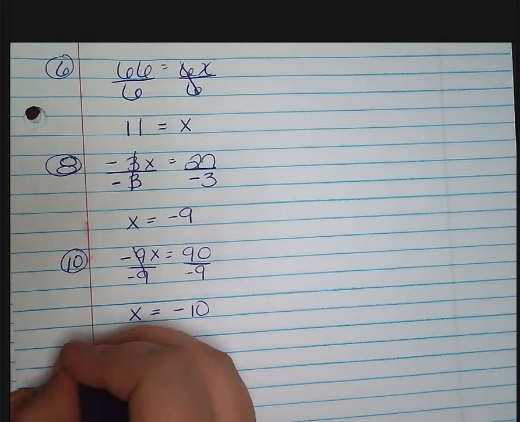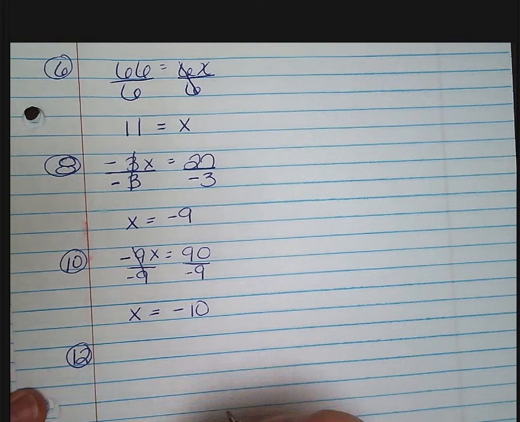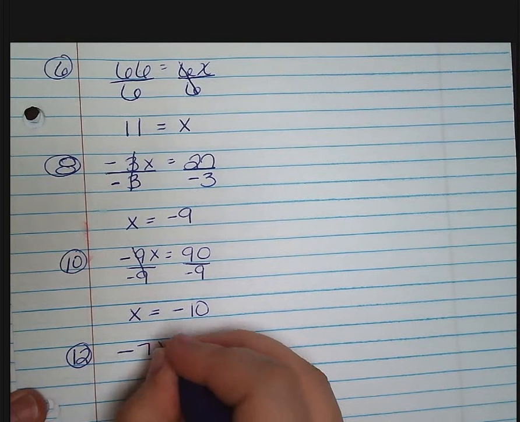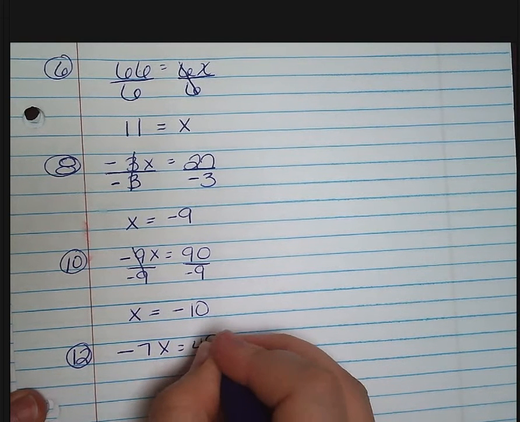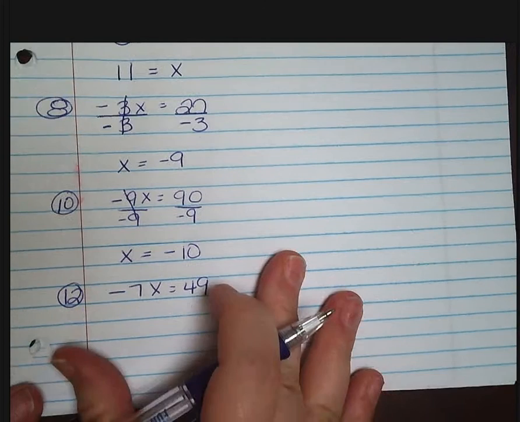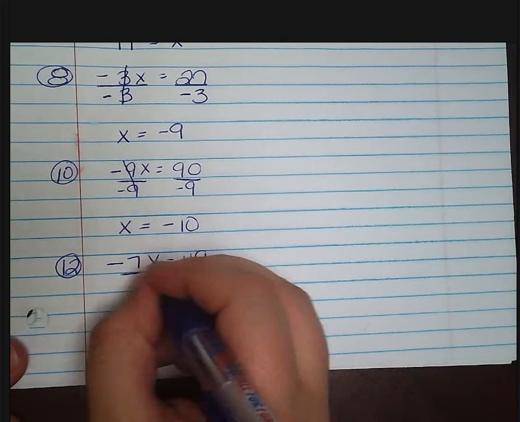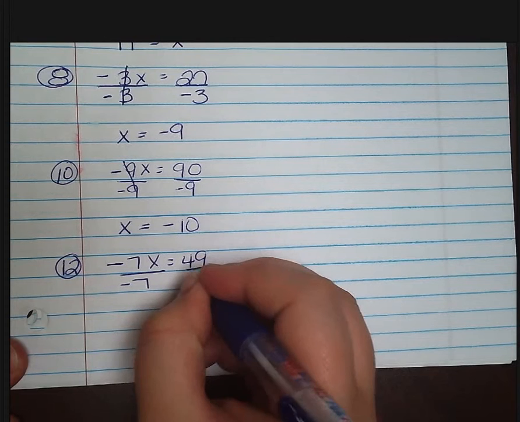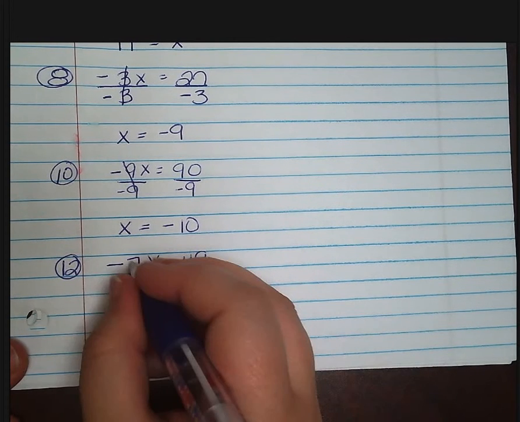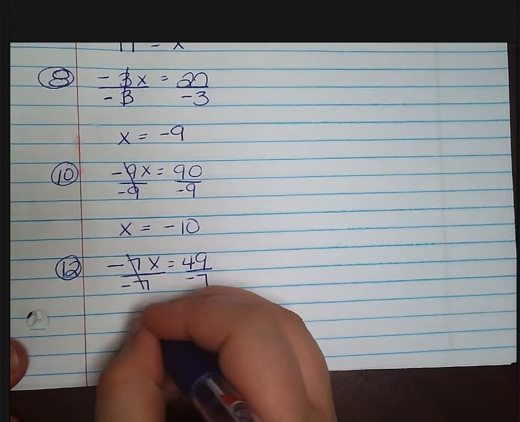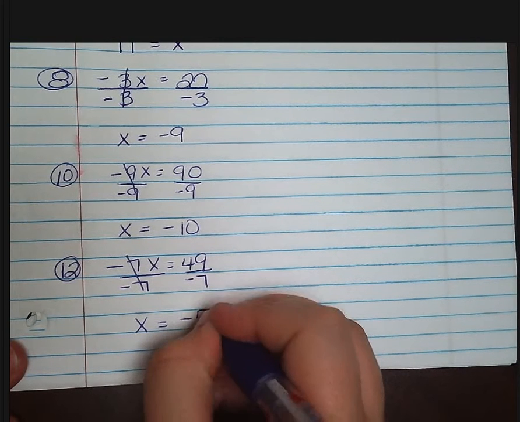All right, problem number 12. We have negative 7x equals 49. So we're going to divide both sides by a negative 7, which gives us x equals negative 7.